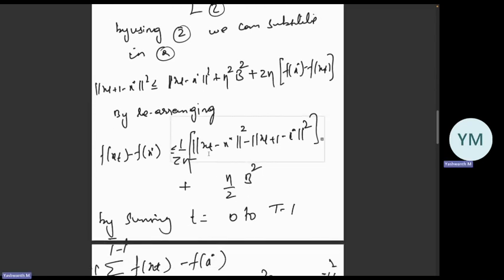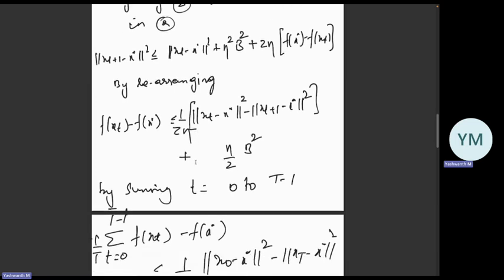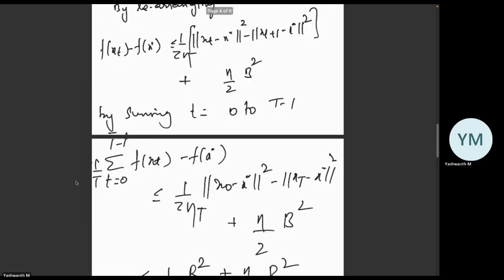And we would like to sum this above on t on both the left and right hand side, from t goes from 0 to t minus 1, and take the average. So by taking the average, we get the average of f of xt, and since f of x star is constant, by doing the average we get the same value.